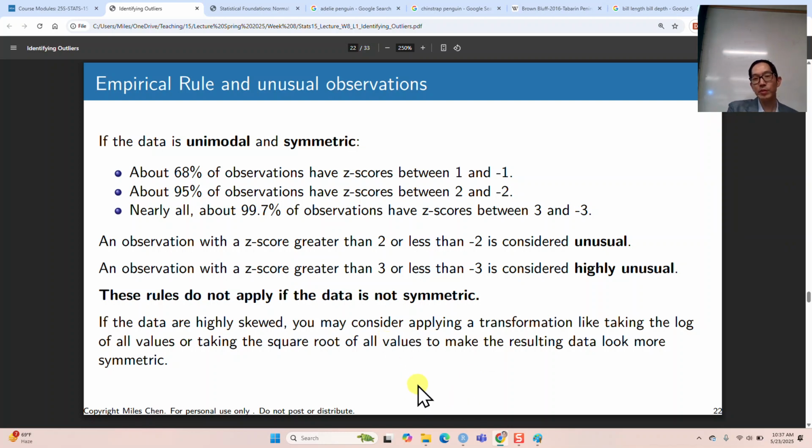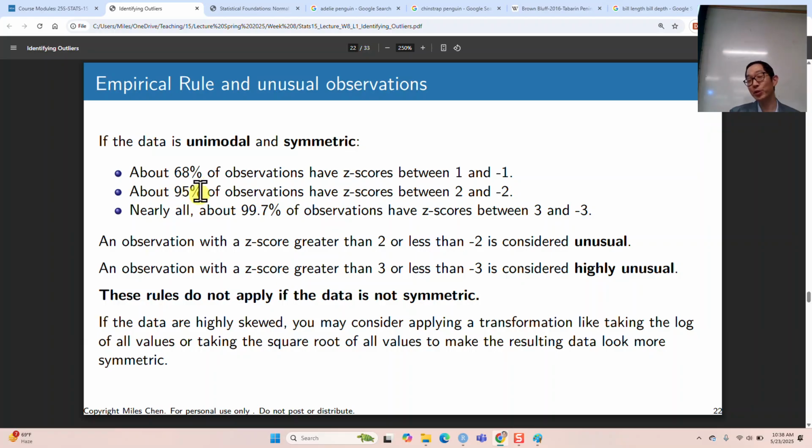When you're dealing with z-scores, these are rules of thumb, but it's important to say this only applies if you have data that is unimodal and symmetric, which basically means it looks like a normal distribution. Unimodal means there's one peak, and symmetric means it looks symmetric. If it's unimodal and symmetric, about 2/3 of your observations, 68%, will have z-scores between 1 and -1.